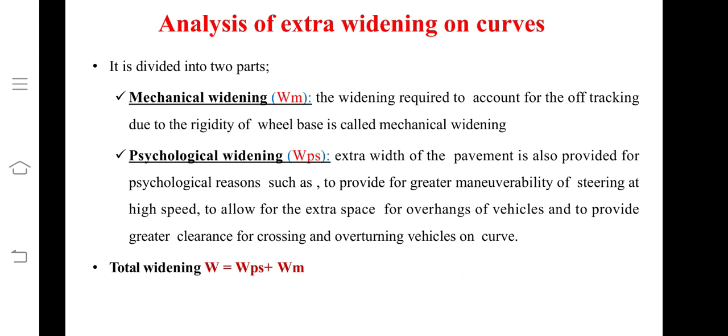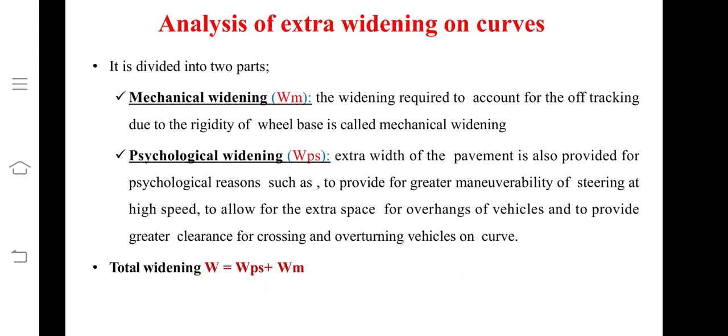For the analysis of this extra widening on the curve, we require two important technical terms called mechanical widening and psychological widening. Mechanical widening is the widening required to account for the off-tracking due to the rigidity of the wheelbase.